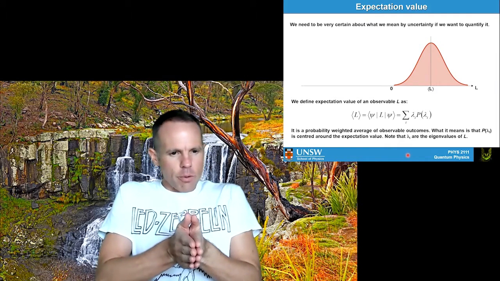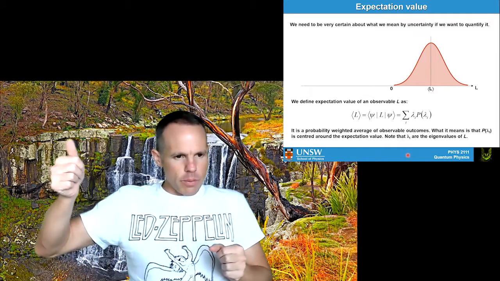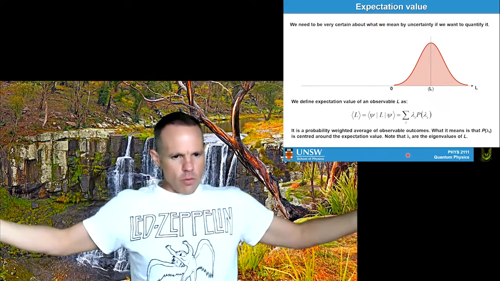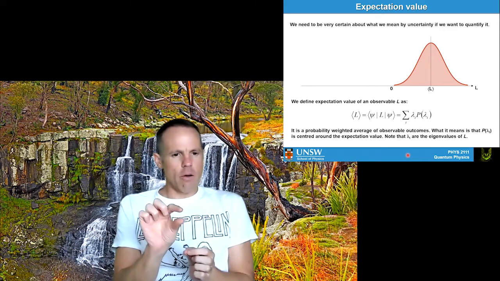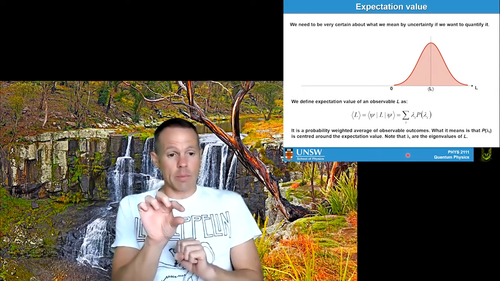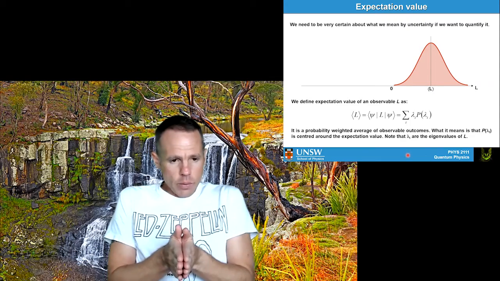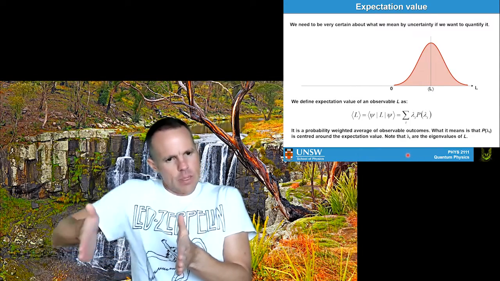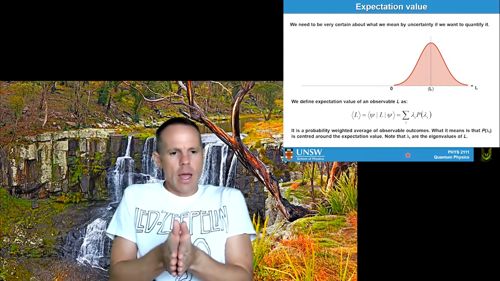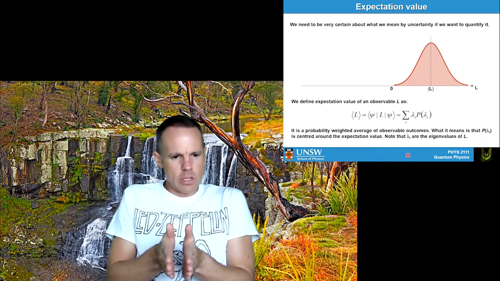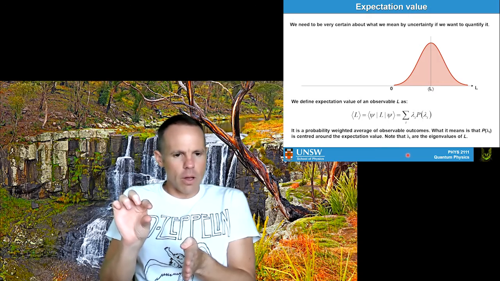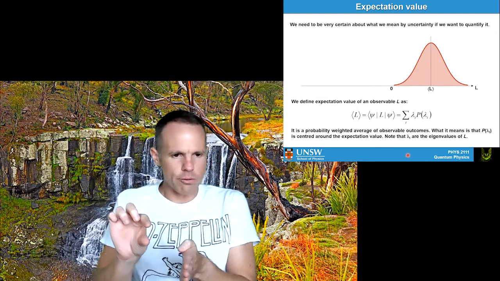In the lecture before last, we went from this two observable spin system to an infinite observable system where we have a particle on a 1D line with a position and a momentum, okay? And what we decided to do there was treat every position x as an eigenvalue, and every position x has a probability that's connected to a complex valued function that we call the wave function, okay?